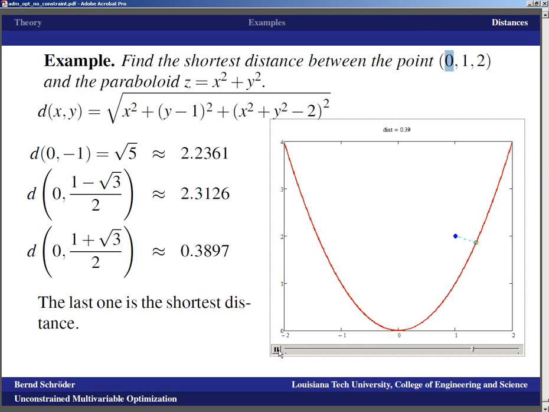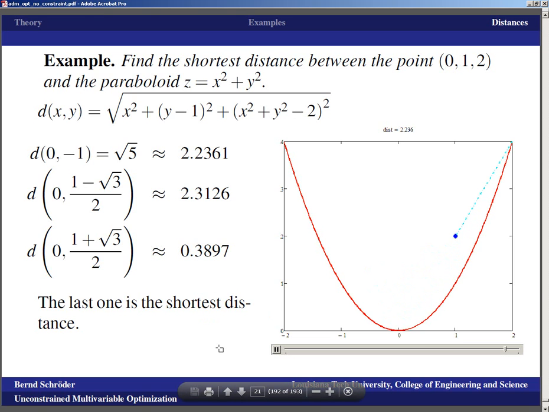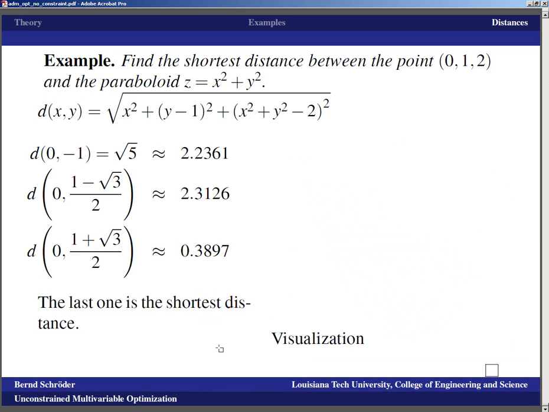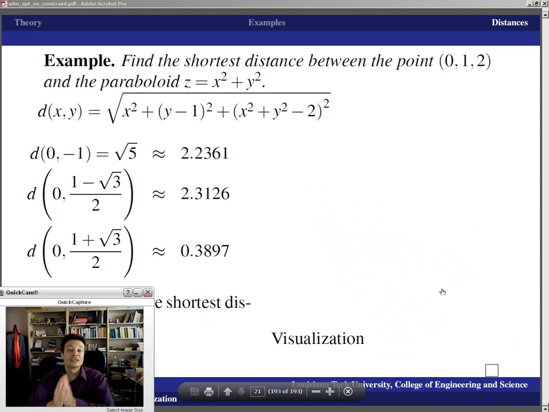And because as we go past this point now, we can only go farther away, the shortest distance between the point 1, 2 and the paraboloid really is approximately 0.3897 that we have in here. Okay, so that does it for this presentation.